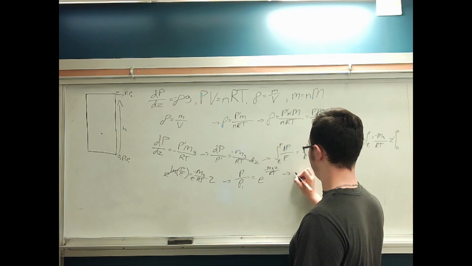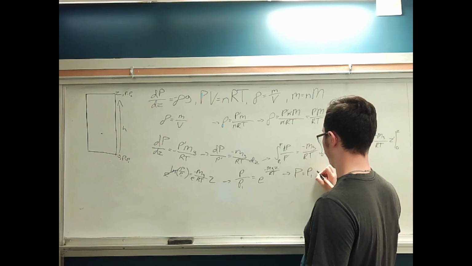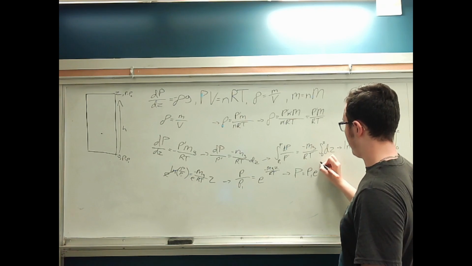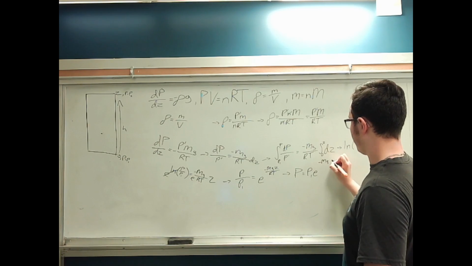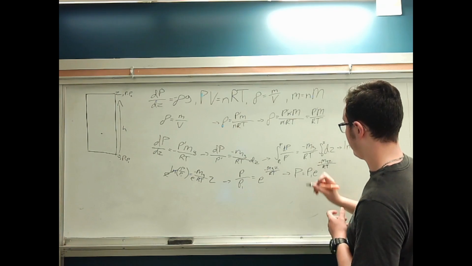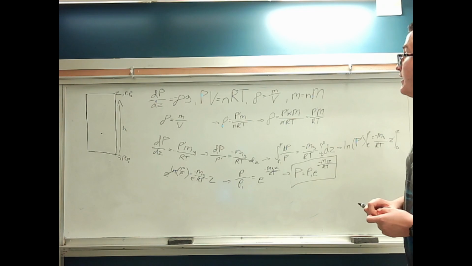Finally, that goes to pressure is equal to P1, the initial pressure, times e to the power of negative mgz divided by RT. And we have our first equation.